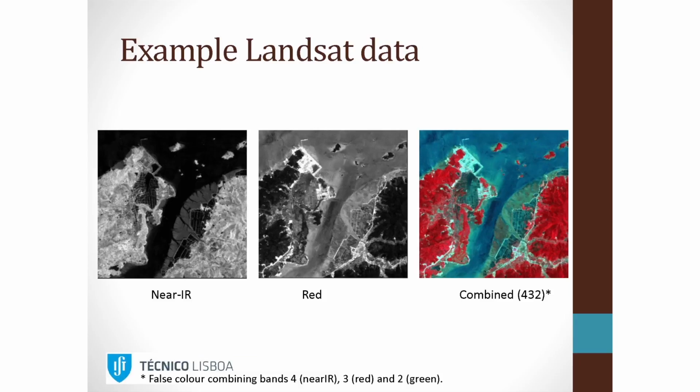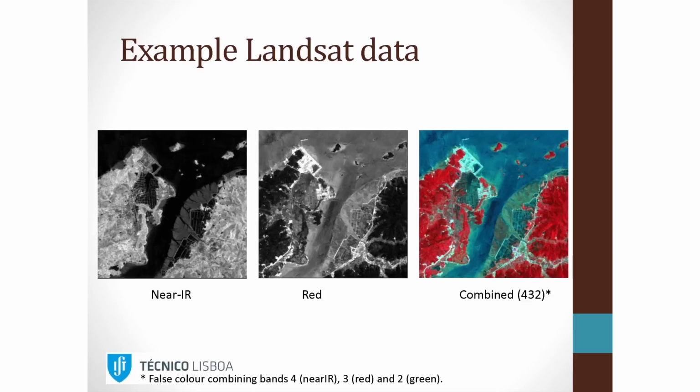So if we look at these images, this is the near infrared, and this is the red. You see the brightest points are vegetation, because vegetation is highly reflective in the near infrared, and is absorbed in the red. So the dark shades in red are the vegetation. They appear very dark in red and very bright in near infrared.